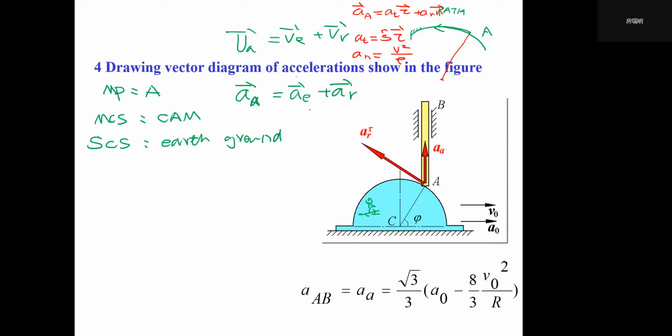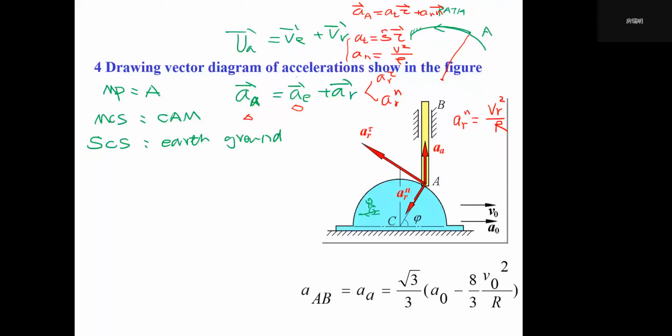Is this the transport acceleration? Please pay attention to my description. Once again, when we talk about transport velocity or transport acceleration, we always think there is a point A prime on the cam, on the MCS, right? It is at the same position as the moving point A, but it is a point on the cam.